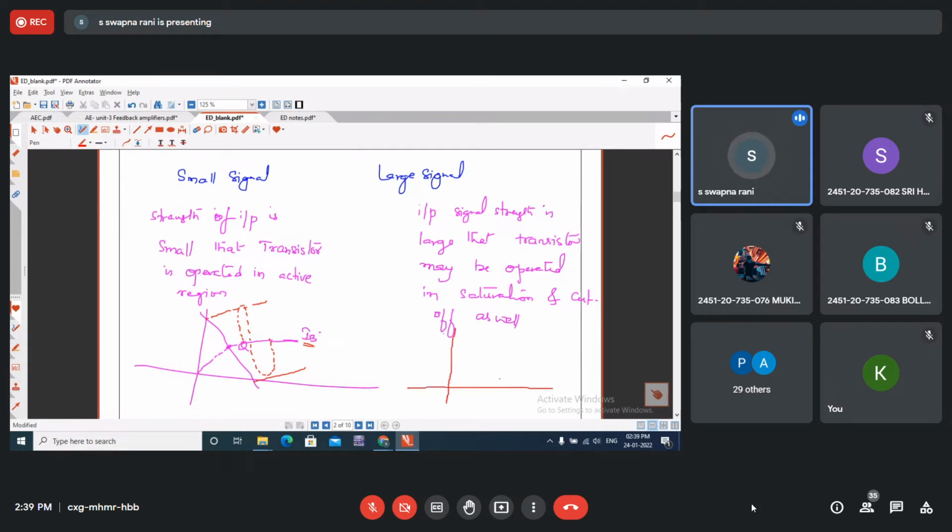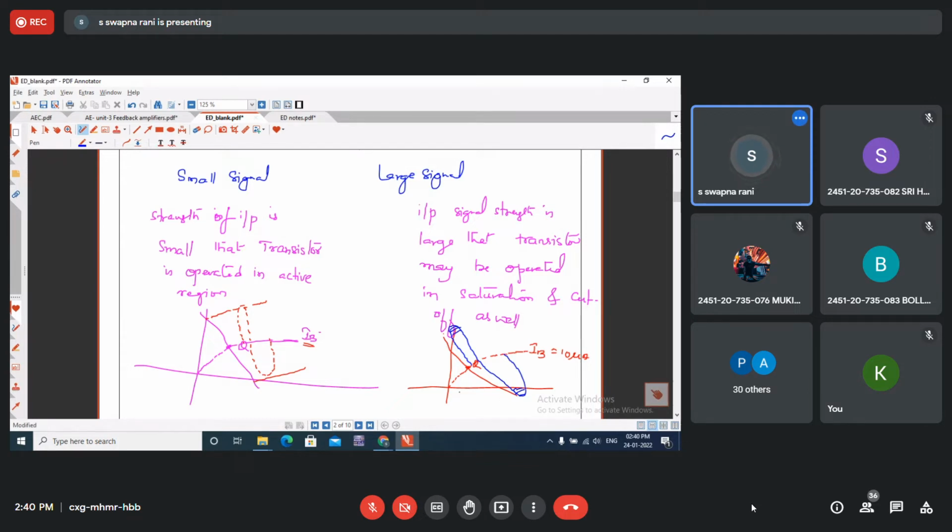Whereas in the large signal case, you take the same load line and operating point on the output characteristic curve, with IB some 10 microamperes DC. Large signal means that the strength of the input signal is large, so that some portion of the positive peak and some portion of the negative peak enter into saturation and cutoff.